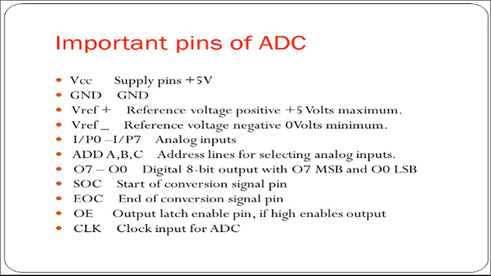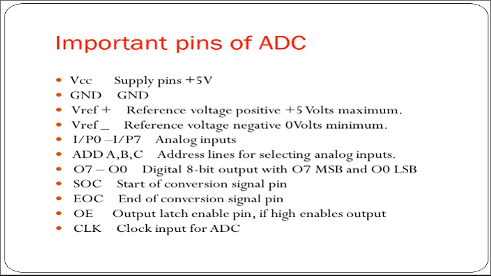That's why the end of conversion signal is used. It informs the microcontroller that the conversion is over and the result is ready at the output buffer of the ADC. The tasks of issuing the start of conversion pulse to the ADC, reading the end of conversion signal and reading the digital output of the ADC are carried out by the 8051.